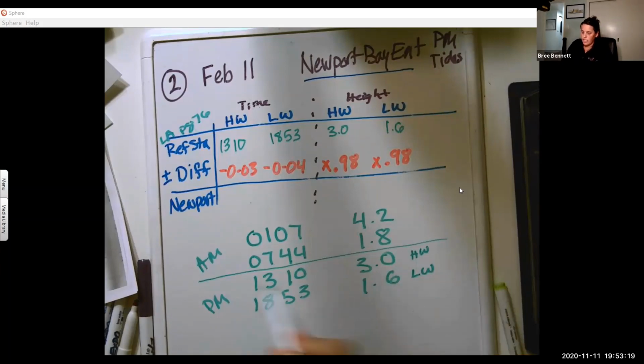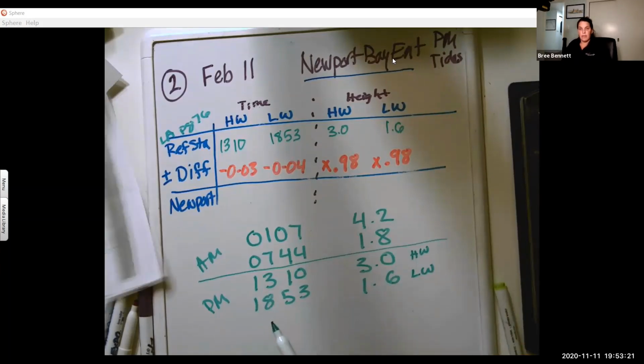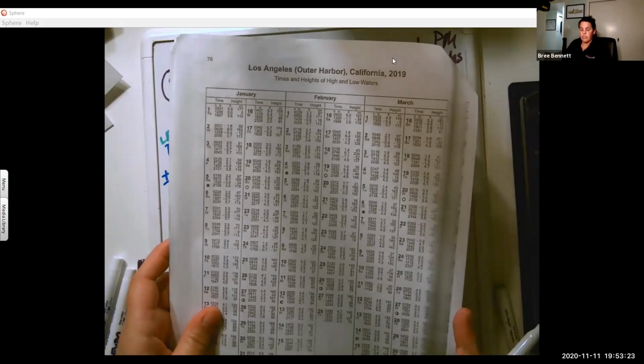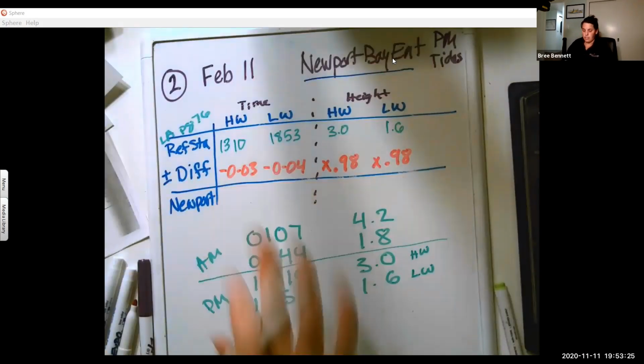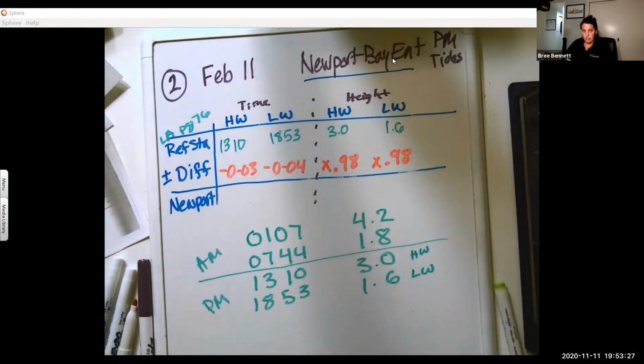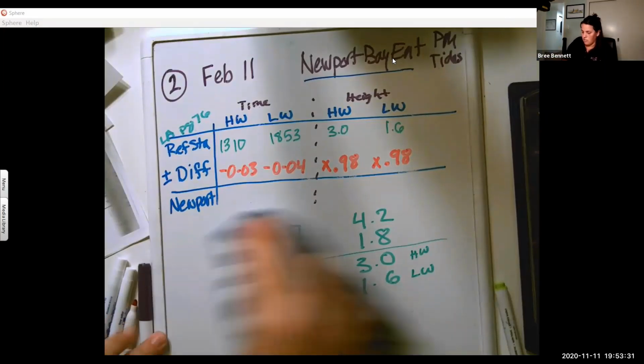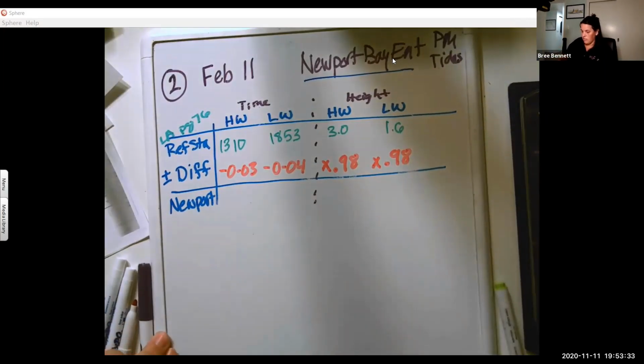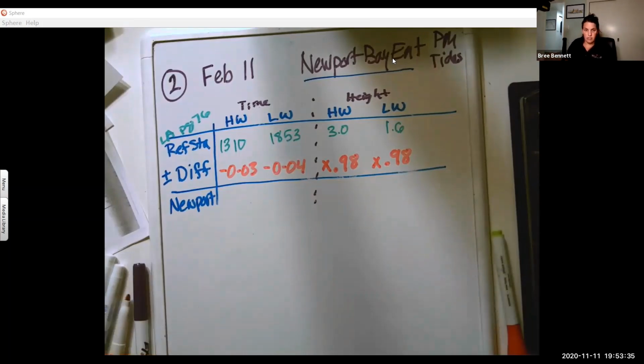So I just transferred these numbers from my table 1 to my table here. Following so far?